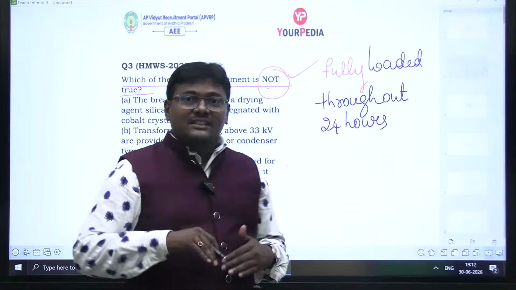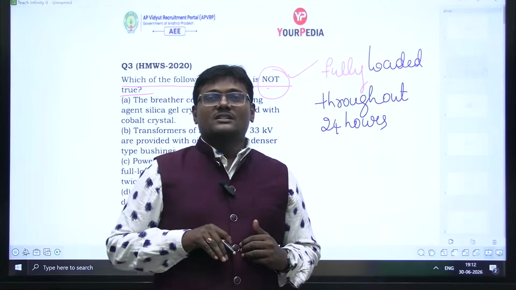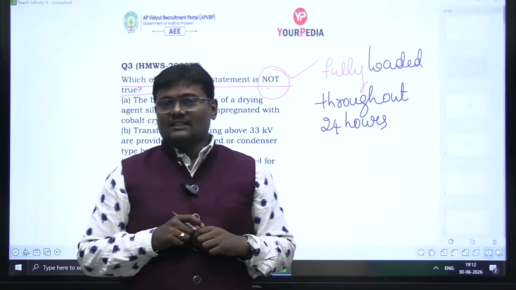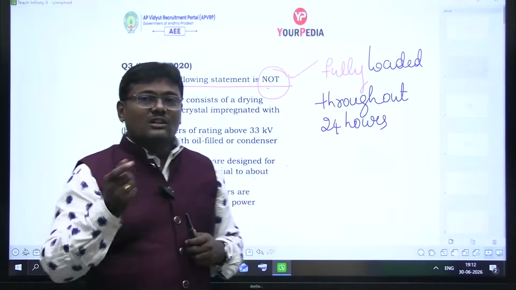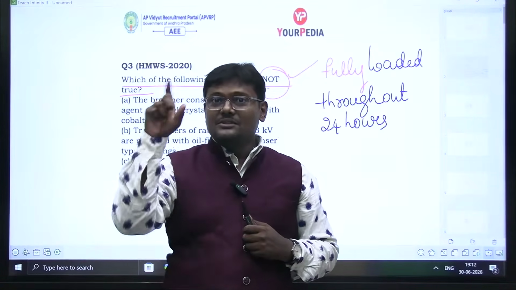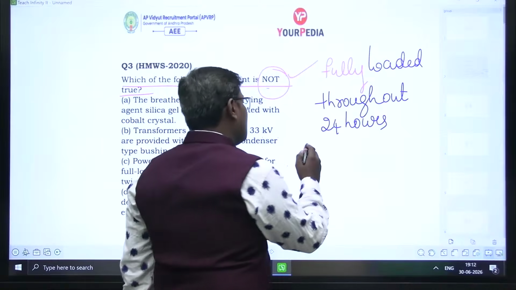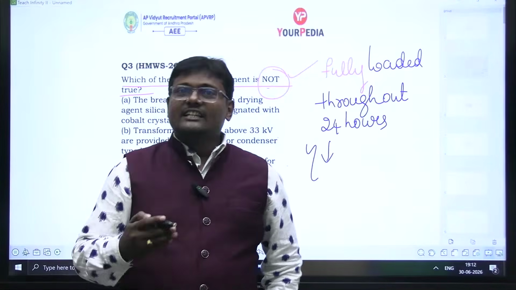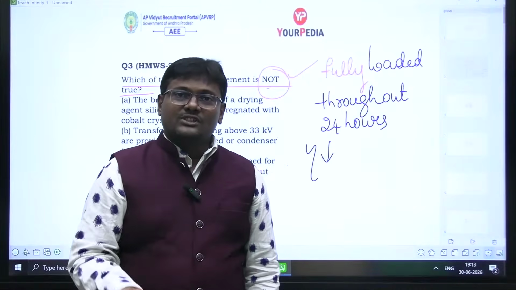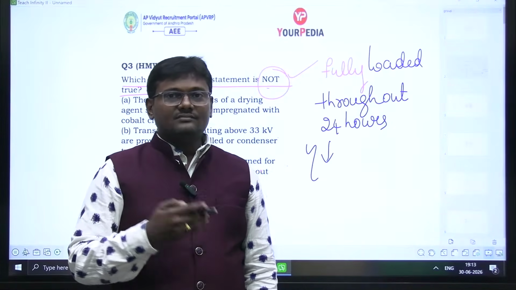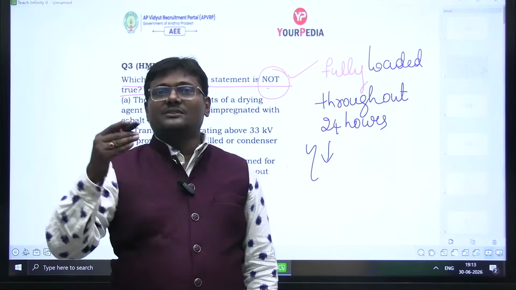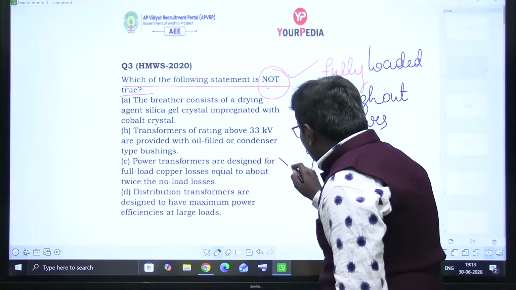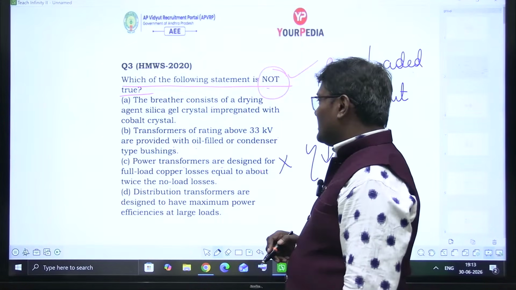And if I am designing a transformer with more losses, what happened? నేను ట్రాన్స్ఫార్మర్ని ఎక్కువ లాసెస్తో డిజైన్ చేస్తే ఏం జరుగుతుంది? Then the efficiency value will decrease. If the losses are more, then heat is also more, heat is produced, and then obviously the performance of the transformer reduces. That's why this C statement is not correct.